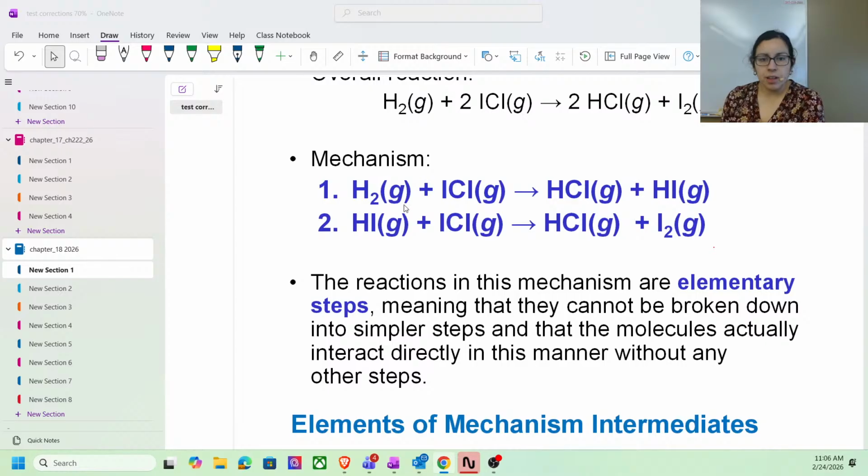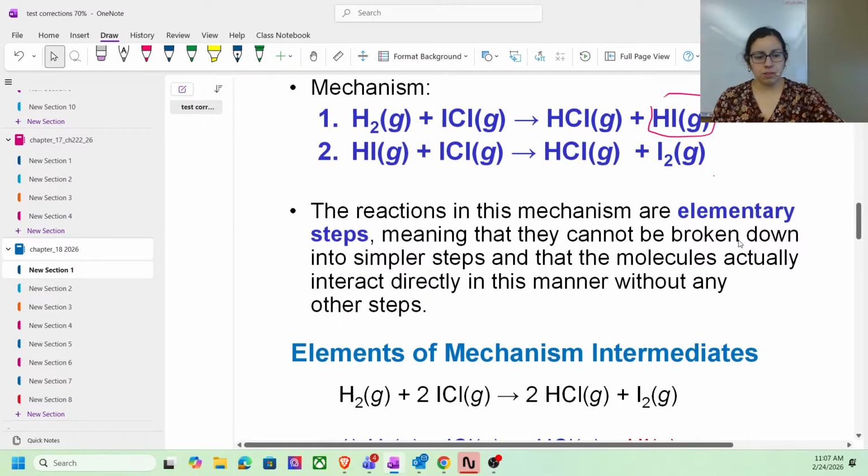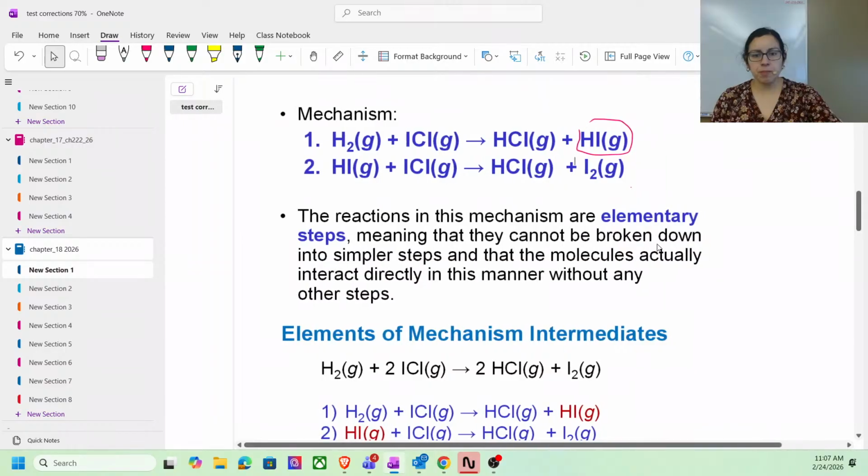Hydrogen reacts with 1 equivalent of our iodo-chloride, and then we make 1 equivalent of HCl, and then we have 1 HI. We'll put some labels on these. And then this goes on, our HI, reacts with now our next equivalent of iodo-chloride to give us our product, and then iodine there. All right, so let's look at what this is saying.